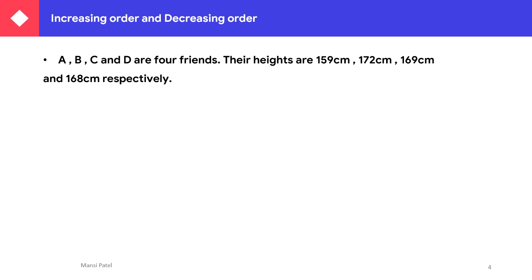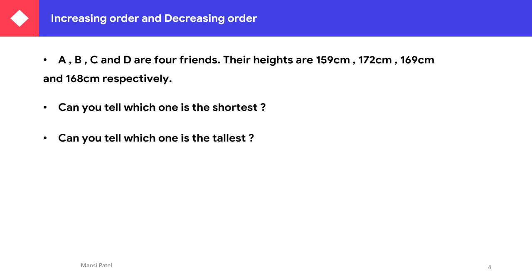Means the height of A is 159, height of B is 172, height of C is 169 and height of D is 168. With the help of this example, can you tell which is the shortest?